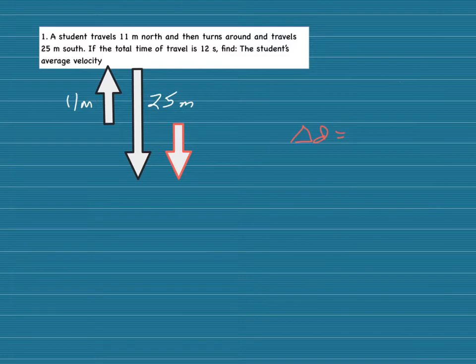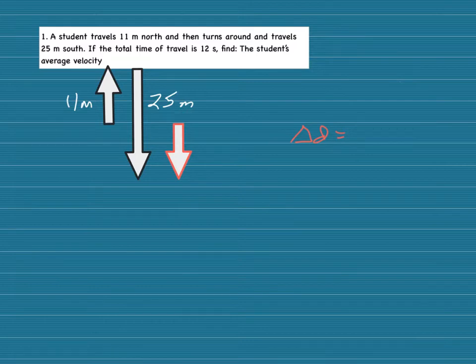Again, we are concerned with the vector quantity of velocity, not speed, and we're wanting to deal with displacement, not distance. The total distance this student would have traveled would be 36 meters, but we're not looking at distance, we're looking at displacement.